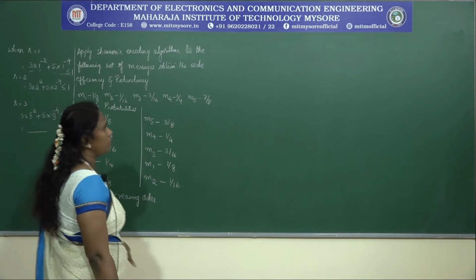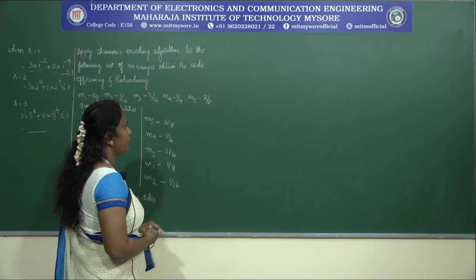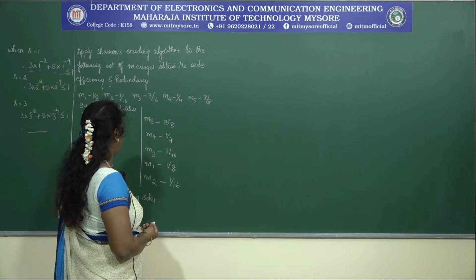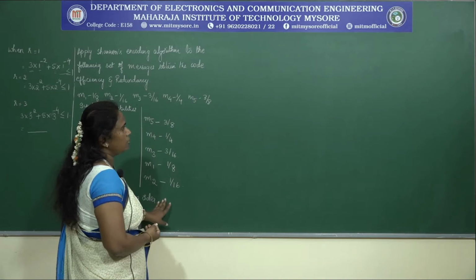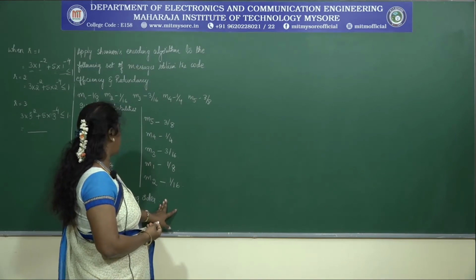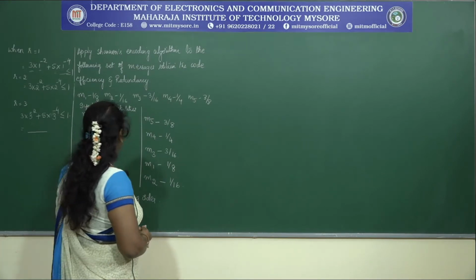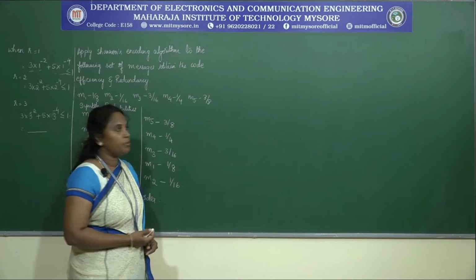So these are the probabilities we get after arranging them in the decreasing order. Once you arrange them, the next thing we need to do is compute the sequences.